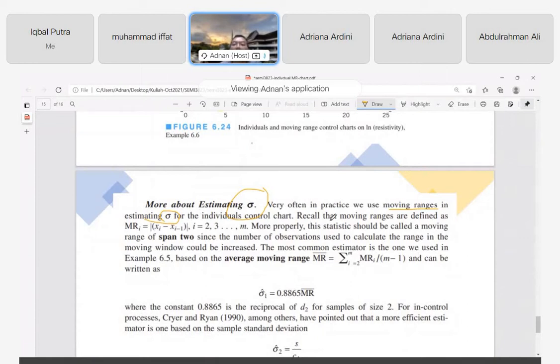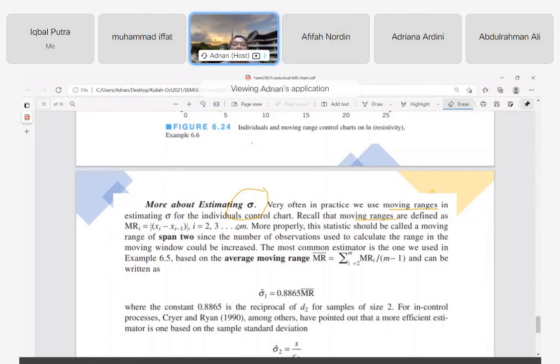The moving range is defined as the difference between the current value minus the previous value. So this is what is showing here: MR, the moving range for sample number i, equals xi minus xi minus 1, meaning the present value minus the previous value.